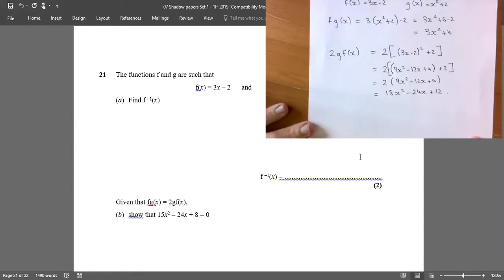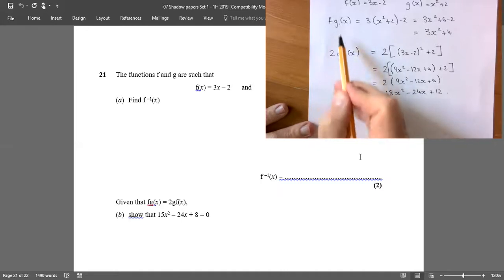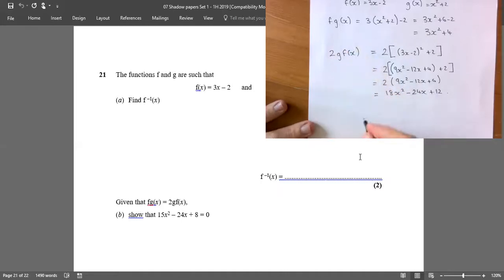So the question says that these two are equal to each other. So 3x squared plus 4 must equal 18x squared minus 24x plus 12. So let's take the 3x squared away.